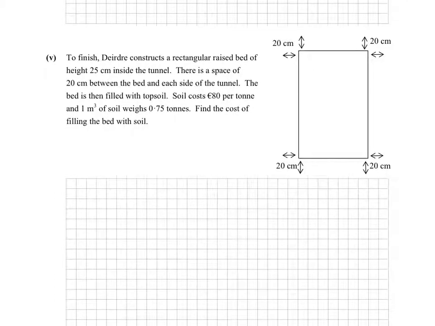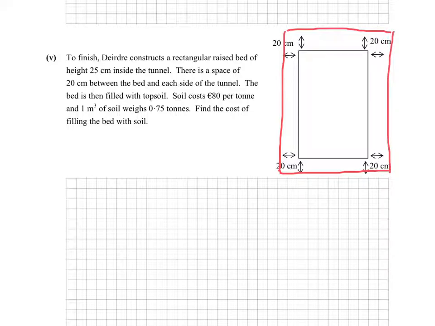Moving on to part 5, we have inside this tunnel, around the outside, obviously, of this diagram is the actual polytunnel frame, where the hoops go across. And 20 centimetres in from that, the frame base, is this raised bed.